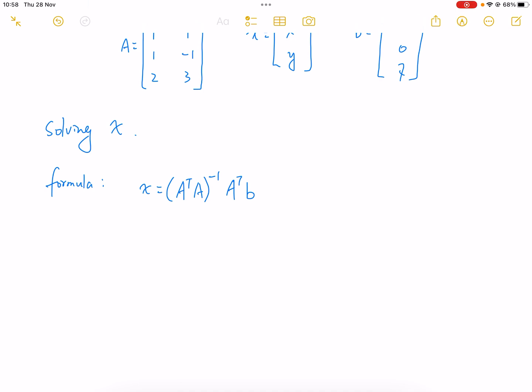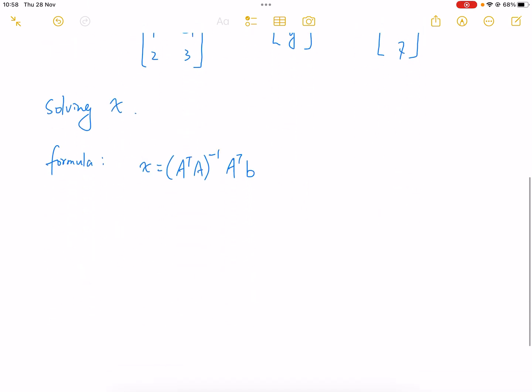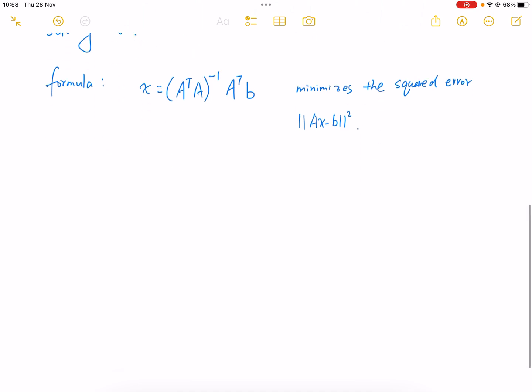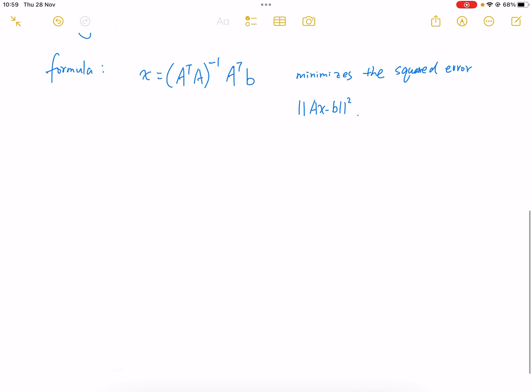This formula minimizes the squared error, Ax minus b squared, and gives us the best approximate solution. So let's first compute A transpose times A.